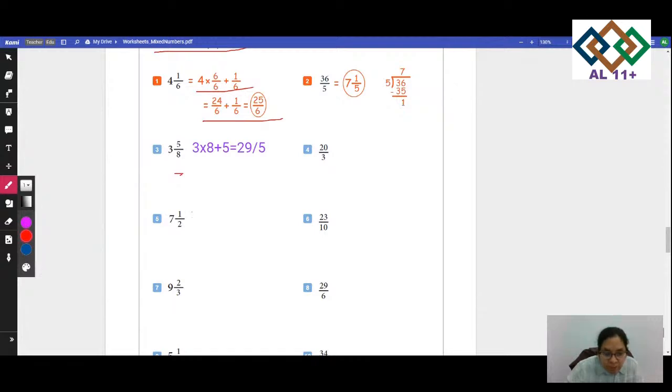So let's try doing their way again. So they have done 7 multiplied by 2, and then you're adding 1, and your denominator is still 2. So 7 2s are 14. 14 plus 1 is 15. It's 15 by 2.